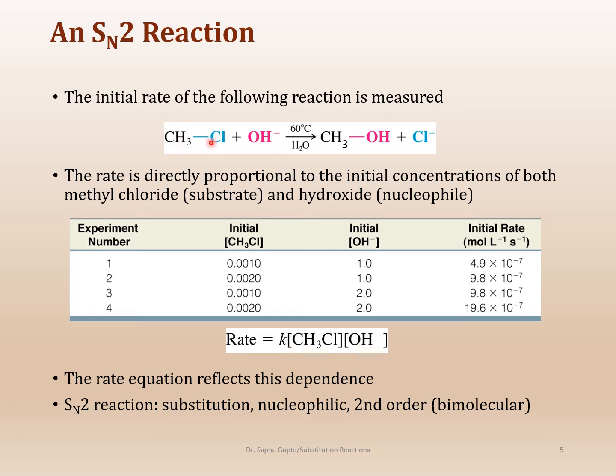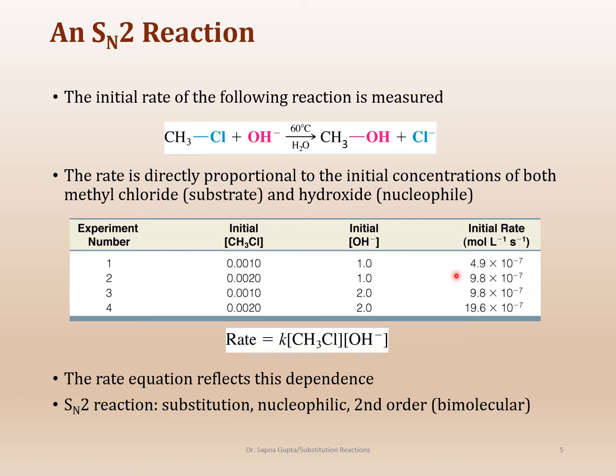So here you have the substrate, and then here is the nucleophile, and here's the product, here's the leaving group. If you remember from your Gen Chem 2 kinetics work, you keep one thing constant. Here you have two reactants, the substrate and the nucleophile. So you change the concentration of the substrate and you keep the nucleophile constant and see what happens.